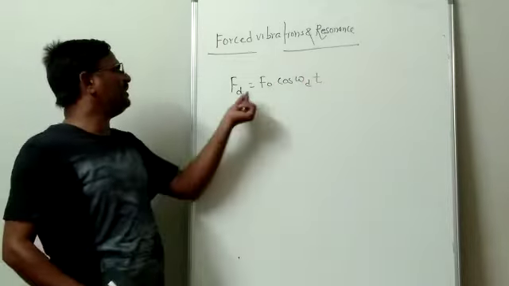When this force is applied to a body of mass m, the body is under the action of the damped force, restoring force, and external periodic force. This force is applied to the oscillator.